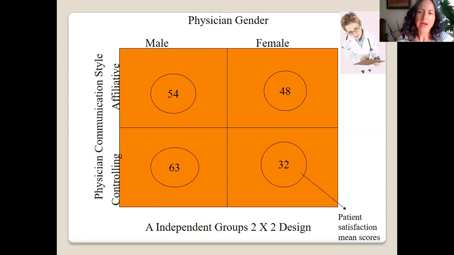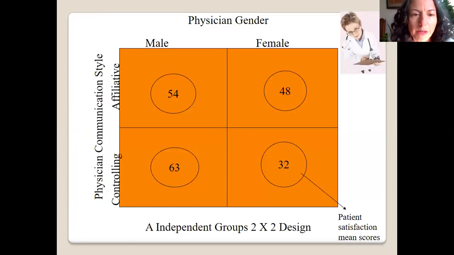And so what we did is we had the patient then rate these doctors on how satisfied they were with the doctor. So if you were in this study, you would have either gotten a male doctor who was real friendly and affiliative, or you might have gotten the female doctor who was very friendly and affiliative, or you got the male doctor.